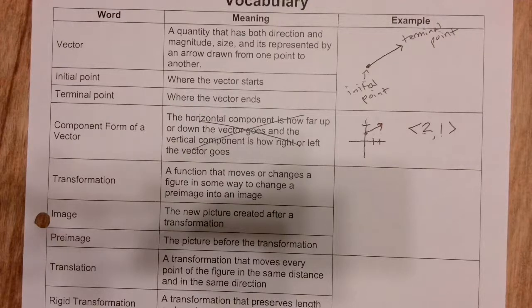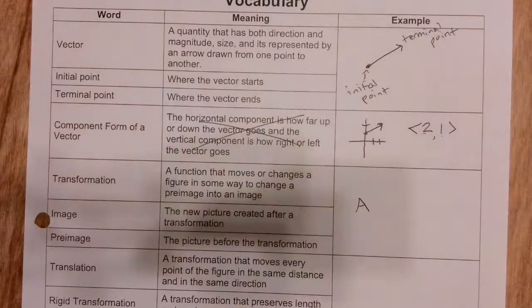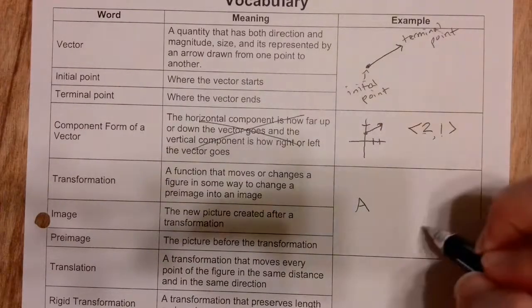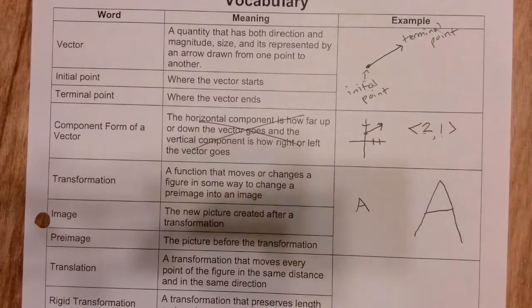And every time Bumblebee changes from a car to a robot, the change occurs the same way. He's transforming. So maybe a transformation takes this A and turns it into this A.